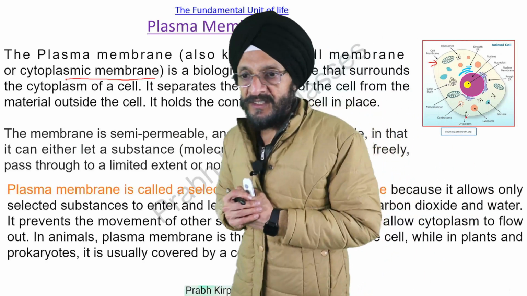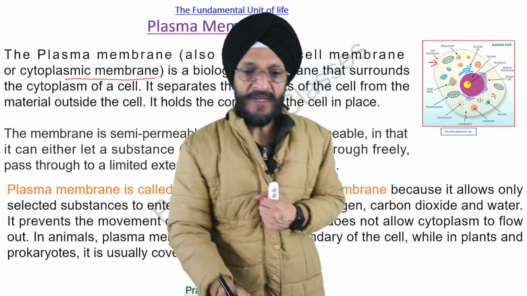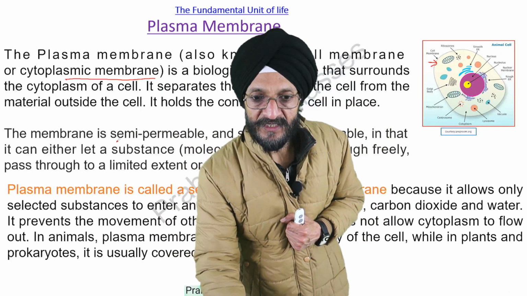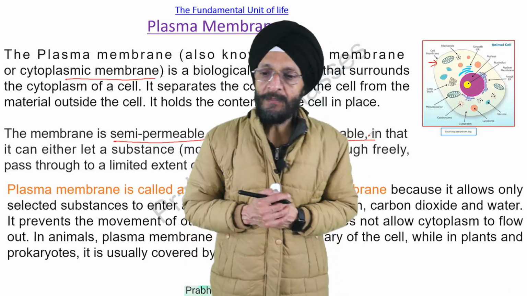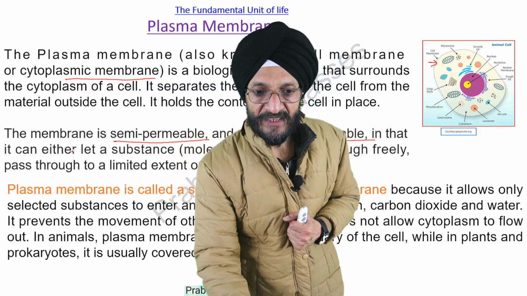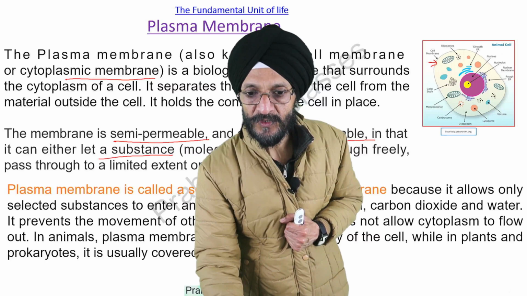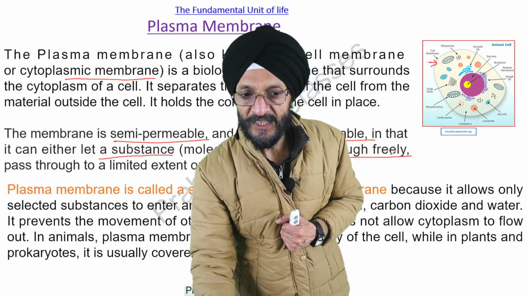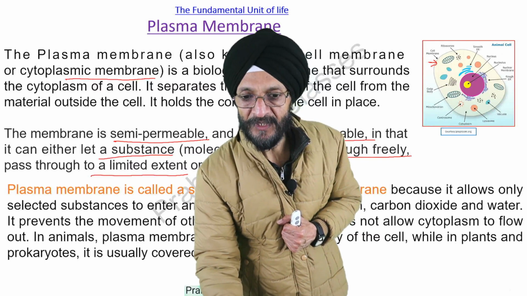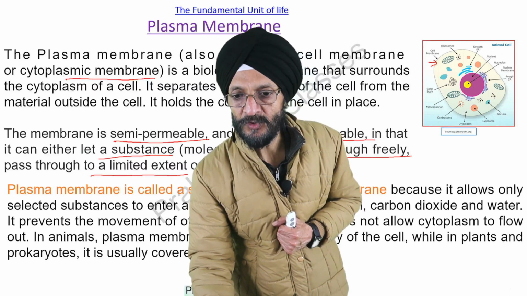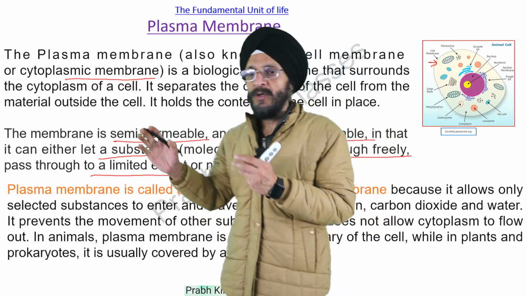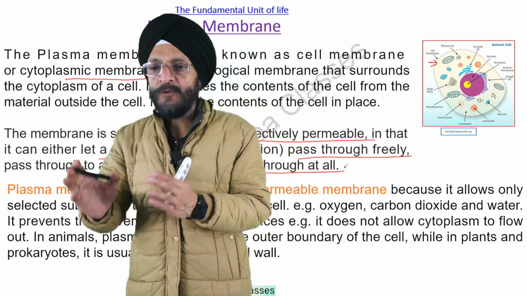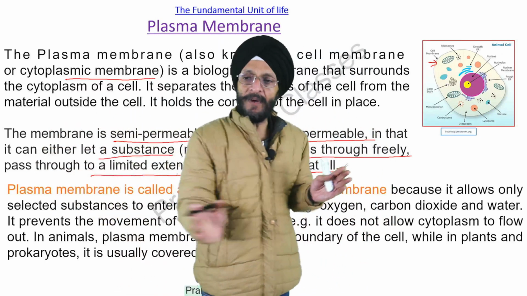This cell membrane or plasma membrane is semi-permeable and selectively permeable. It means that it can either let a substance pass through freely, pass through to a limited extent, or not pass through at all. It does not allow each and every type of liquid or gas to freely pass through it.